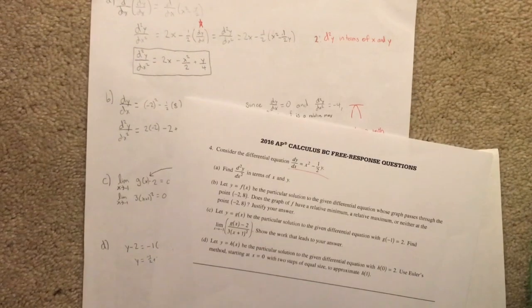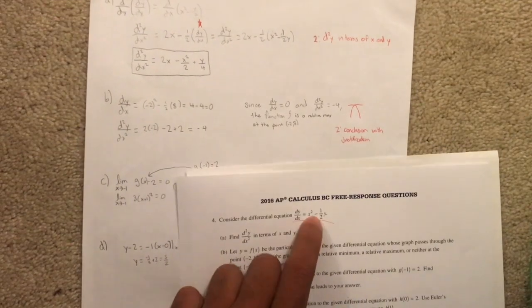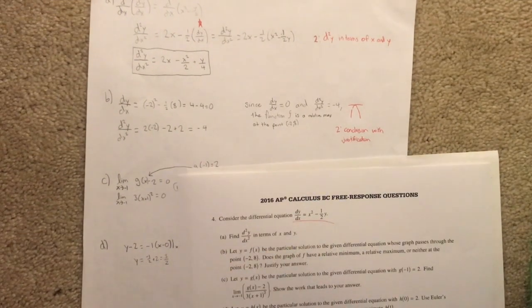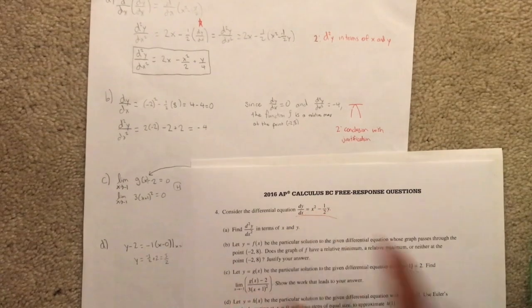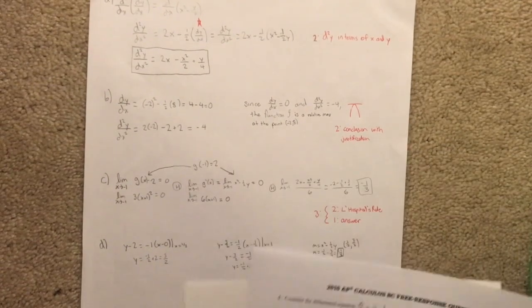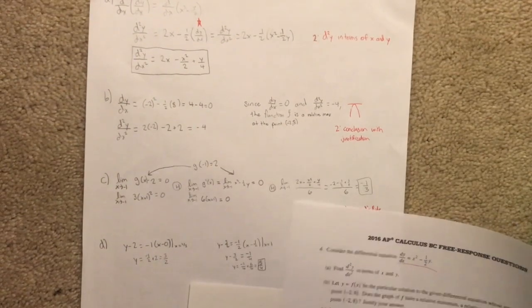So let's take a look at this differential equation right here: x squared minus 1/2 y. We can plug in 1/2, and we get 1/2 squared is 1/4, minus 1/2 times 3/2, which is 1/4 minus 3/4. So that will be -1/2. And as you see, we then plug it into this point.